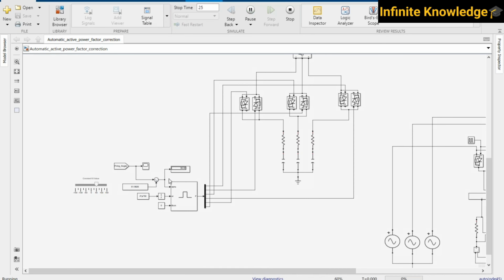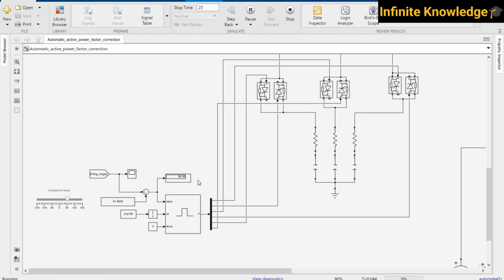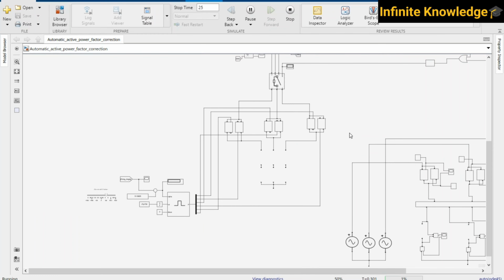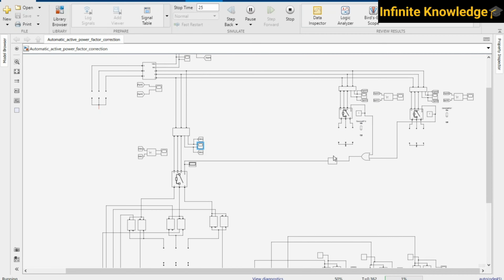So again you can see it's 51, and at 51 what is the power factor that we are getting?